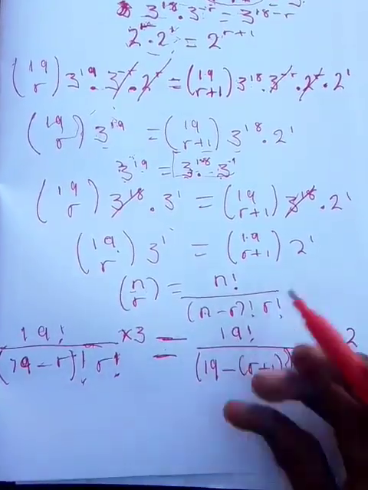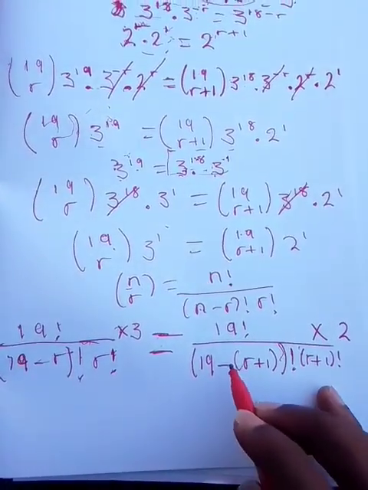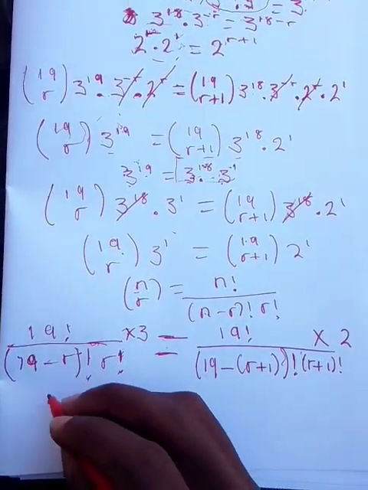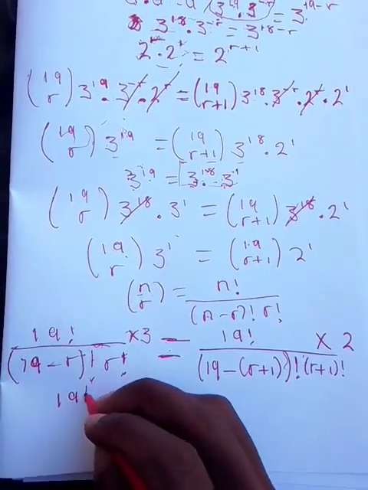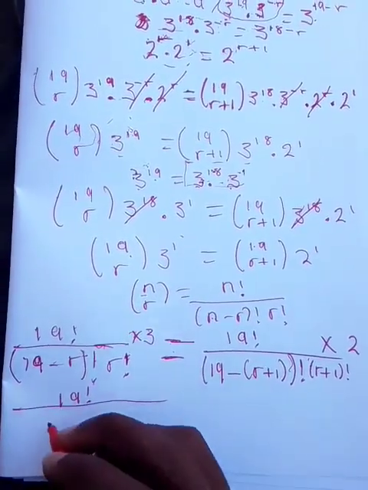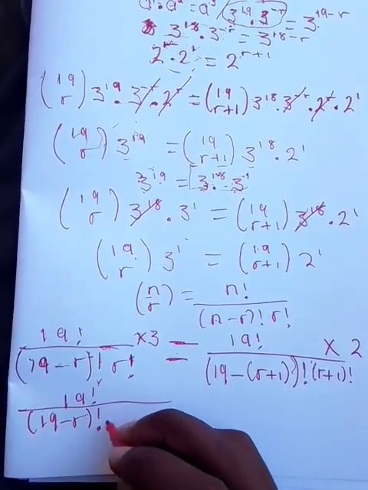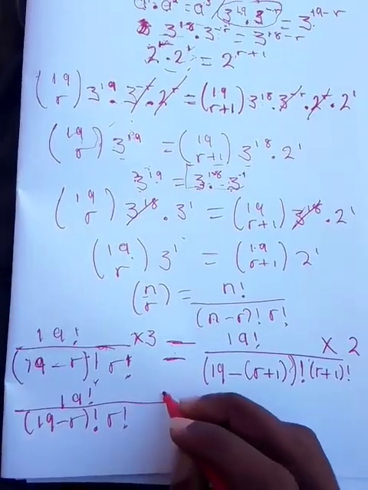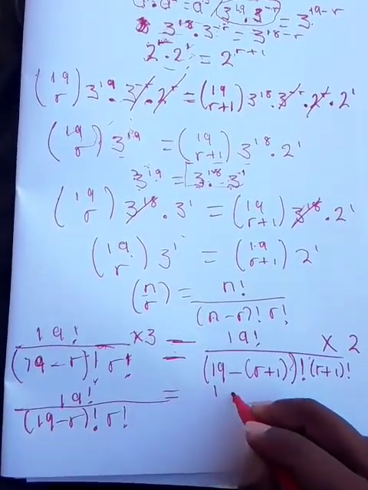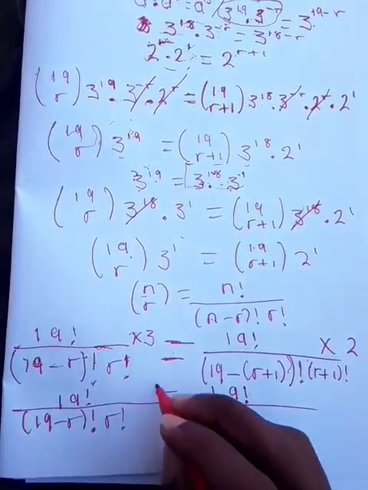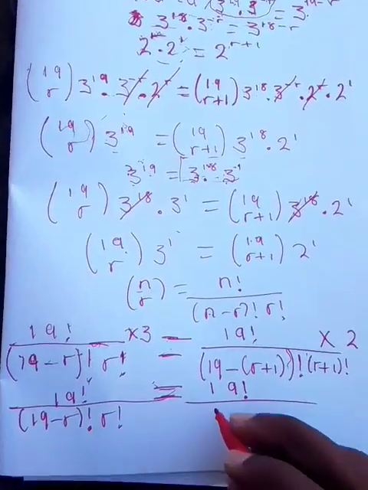Now let's try to simplify this here. I'm not feeling comfortable saying it like this. So we say 19 factorial over 19 minus r factorial is equal to, this is an equal sign, guys.